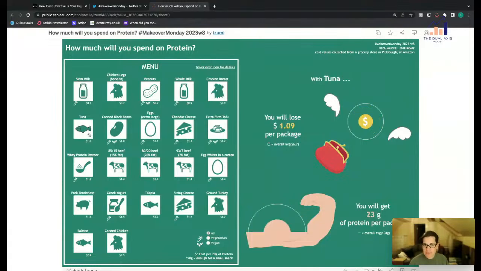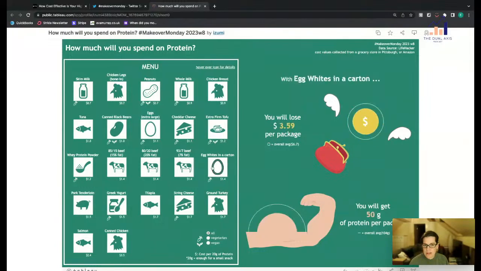So let's say tuna. So there's an overall average of 104 grams for these different protein things. How did you calculate the overall average? I don't know, because it doesn't look like any of these. Pork tenderloin has 115 grams. But how does the 108, 104, this number down here, how does that come about?